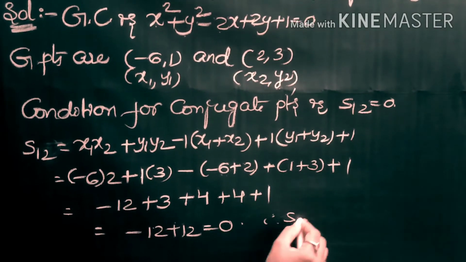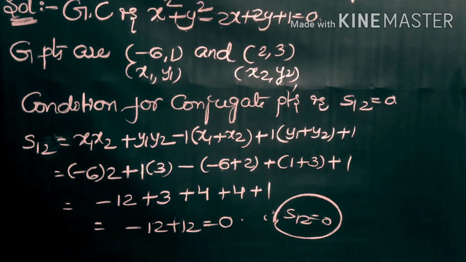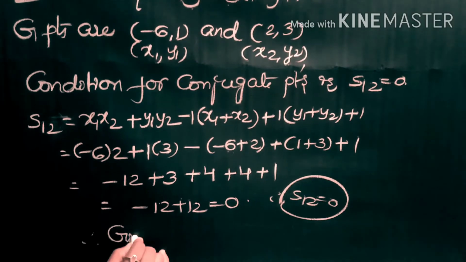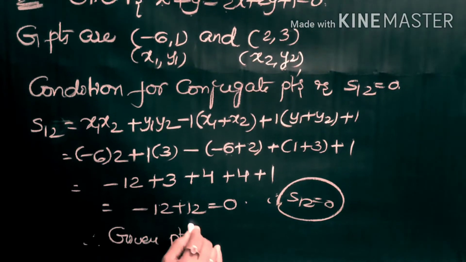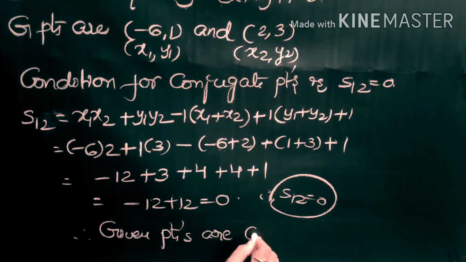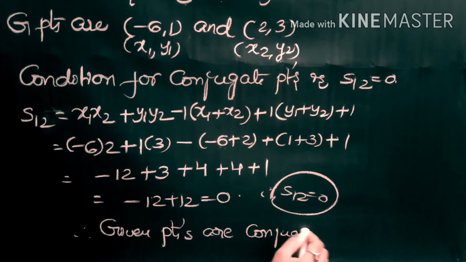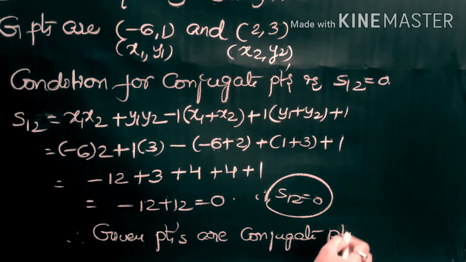Therefore S12 = 0. Therefore the given points are conjugate points with respect to the given circle. That's all.